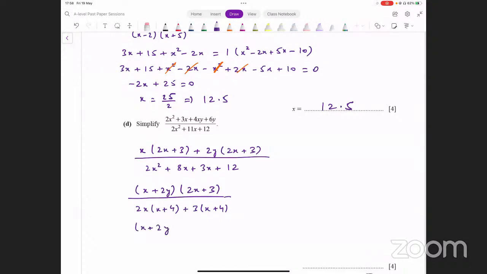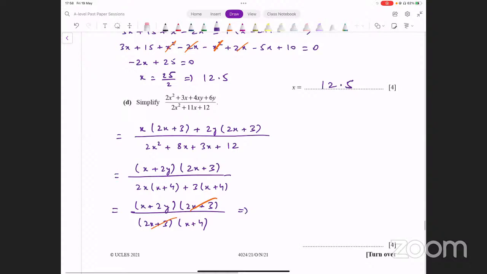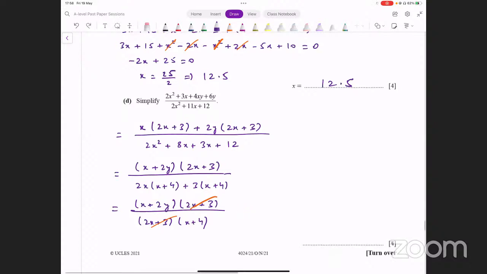And we get x plus 2y into 2x plus 3, and in the denominator we have 2x plus 3 multiplied by x plus 4. ये हमारी फैक्टराइजेशन होगी डिनोमिनेटर में भी। 2x plus 3 and 2x plus 3 get cancelled. And what are we left with? We are left with x plus 2y divided by x plus 4.